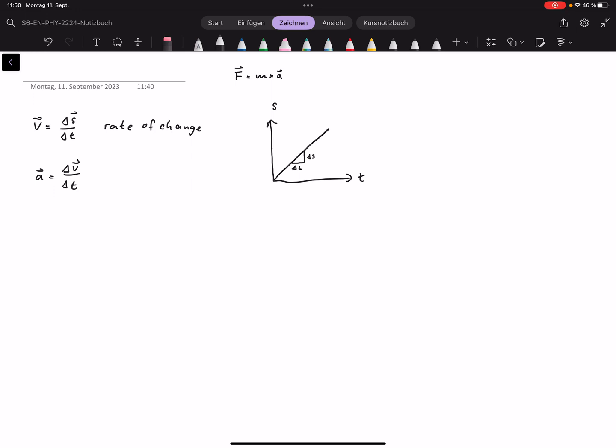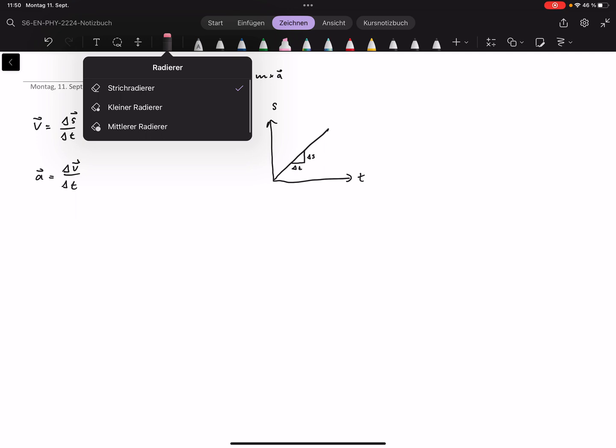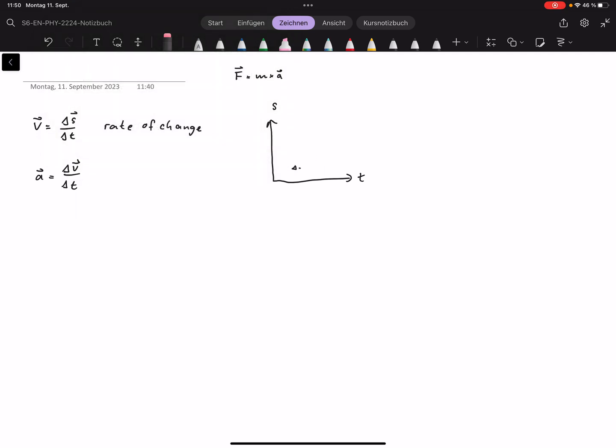This is because the slope or the gradient of a straight line is always the same, and the formula for the gradient is exactly the ratio of delta s and delta t.